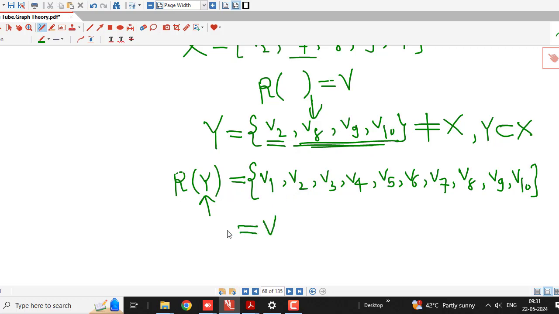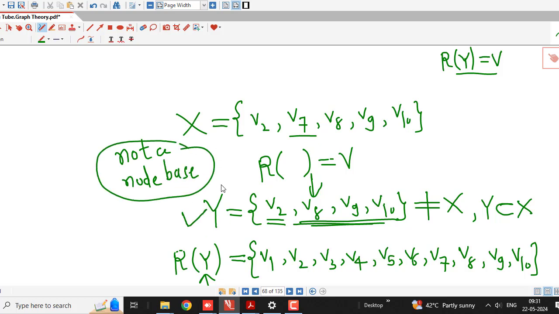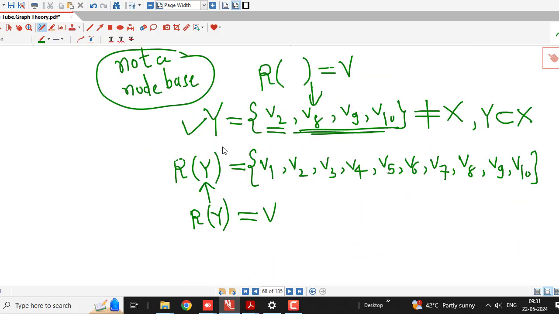So now we find that reachable set of Y is also capital V. That means this capital X is not a node base. Capital X is not a node base because Y is a proper subset of X with the property that reachable set of Y is capital V.